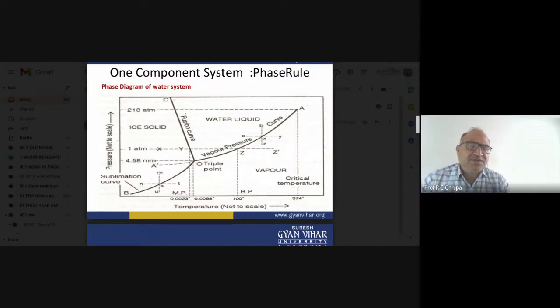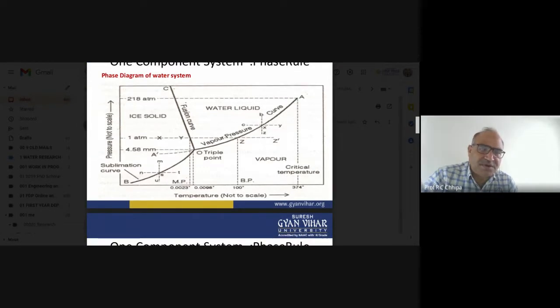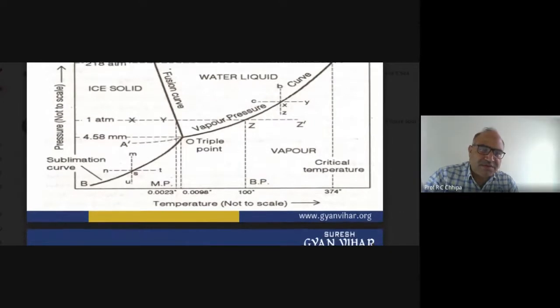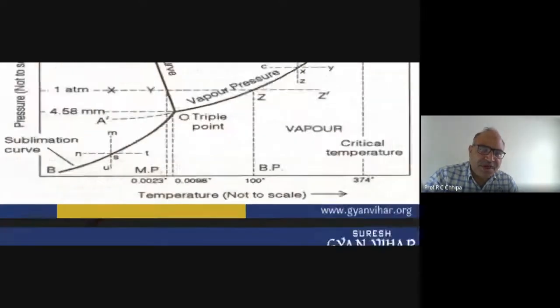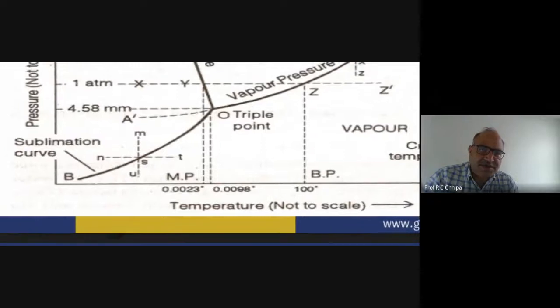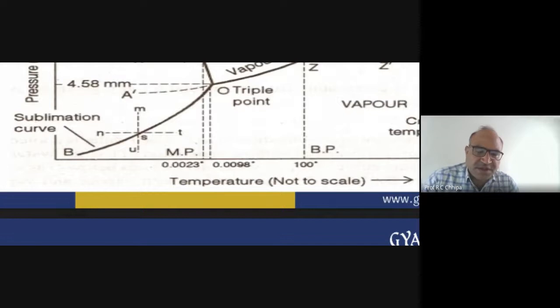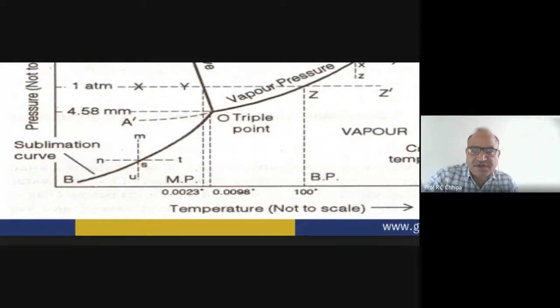So here in the case of the one-component system, water, we have the boiling point, and it clearly indicates one other thing, the triple point. All of you can see that on the y direction is pressure and the temperature is 100 degrees centigrade.